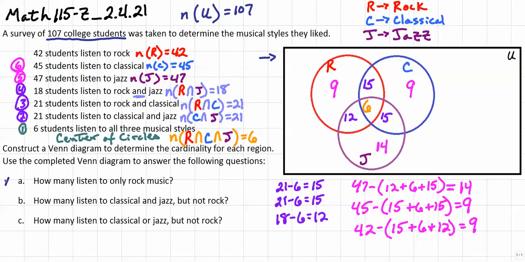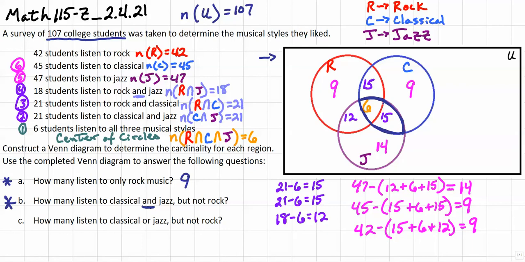The first question: how many students listen to only rock music? Well, we know that. So the next question, part B, states how many listen to classical and jazz but not rock? The key is the "and" here. That means that they are listening to both classical and jazz, but they are ignoring rock. The intersection between classical and jazz, as we've shown before, is this region here.